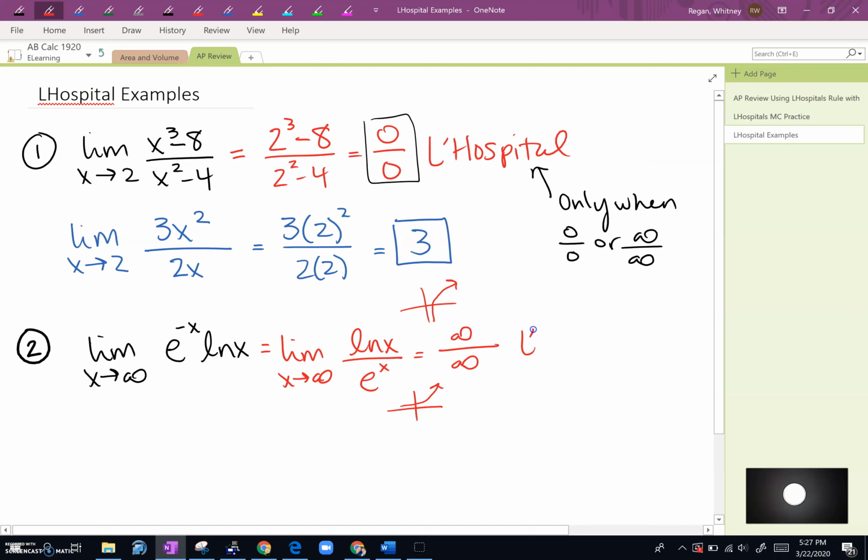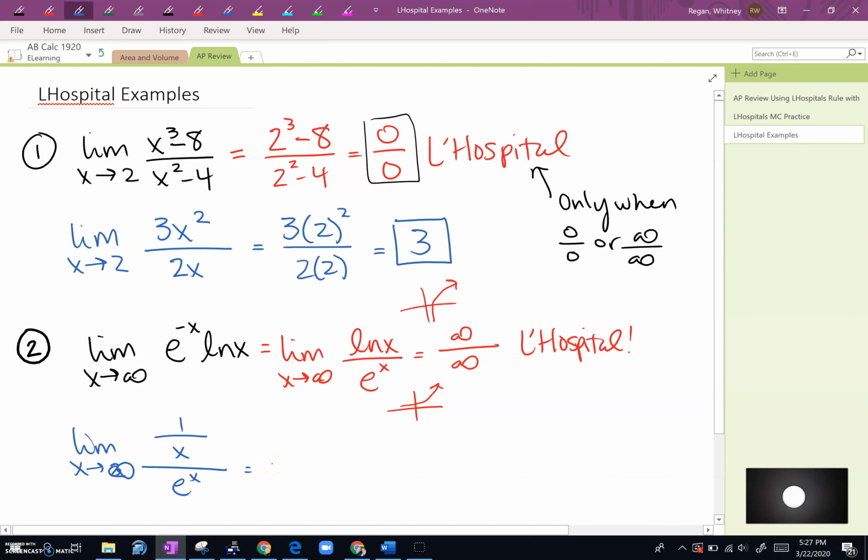What that means for us is we can use L'Hopital. So what I can do again is actually just take that derivative of the top, derivative of the bottom. Oops, infinity this time. So when I take the derivative of natural log, I get 1 over x divided by e to the x.